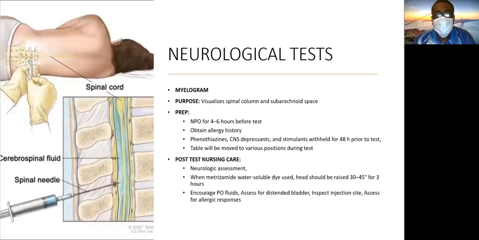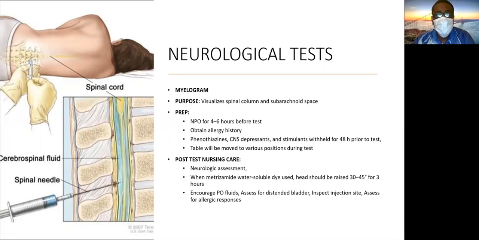Okay, another neurological test will be your myelogram, which visualizes the spinal column and subarachnoid space. A myelogram is a type of radiographic examination that uses a contrast media to detect pathology of the spinal cord, including the location of a spinal cord injury, cysts, tumors. So you use this to visualize, like I said, the spinal column and the subarachnoid space.